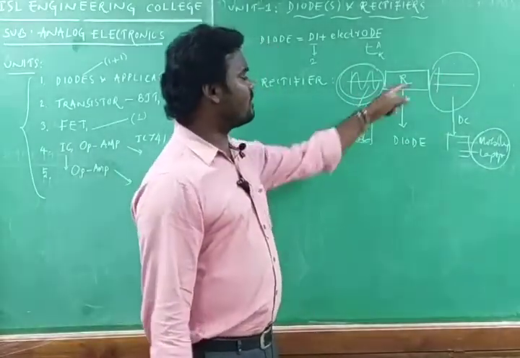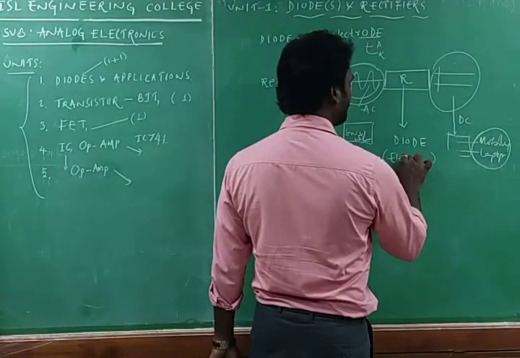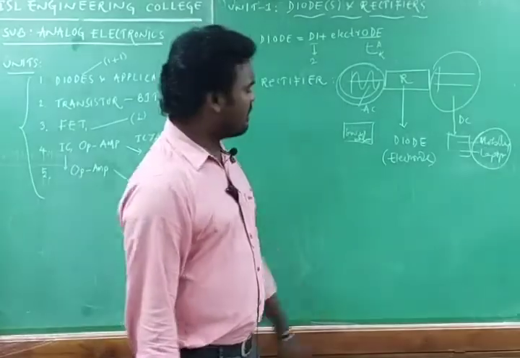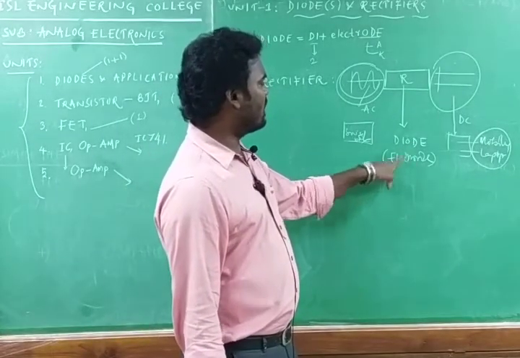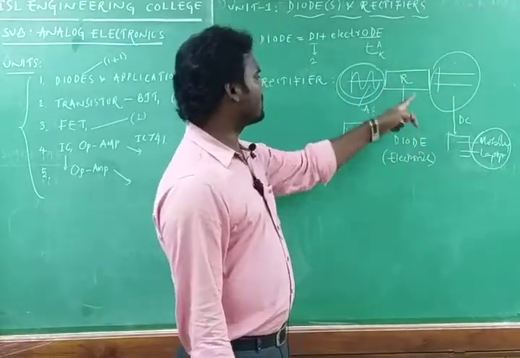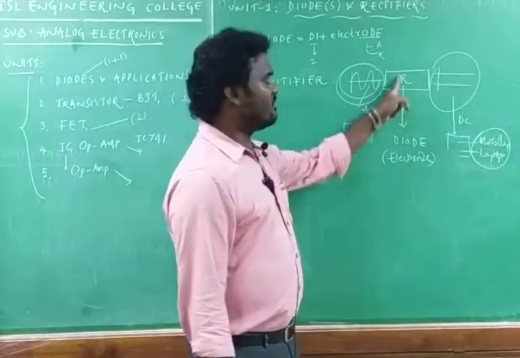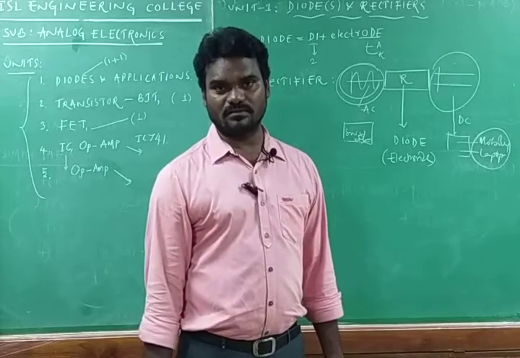Diode is the best example of an electronic component. One of the best applications of this electronic component is that it converts AC to DC, and that process of converting AC to DC is called rectification. The device which converts AC to DC is named a rectifier.